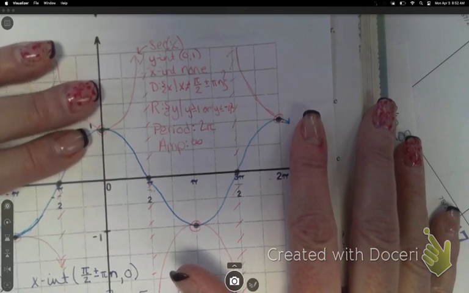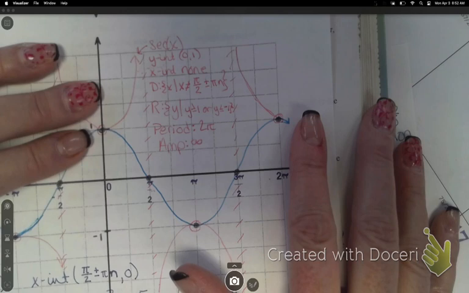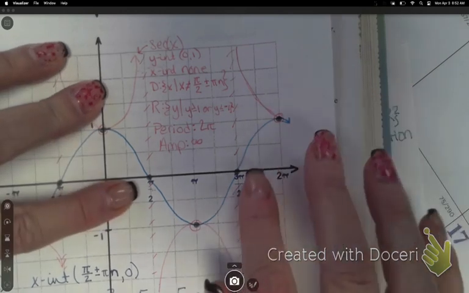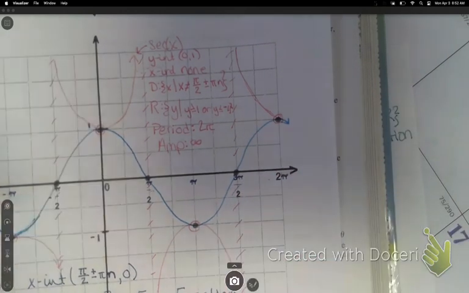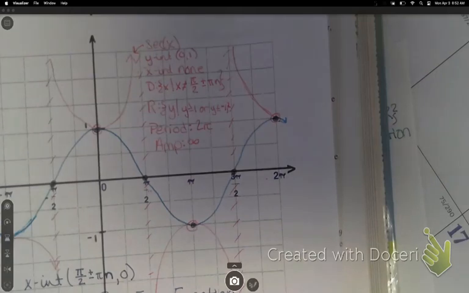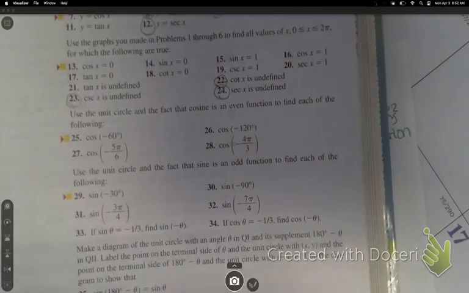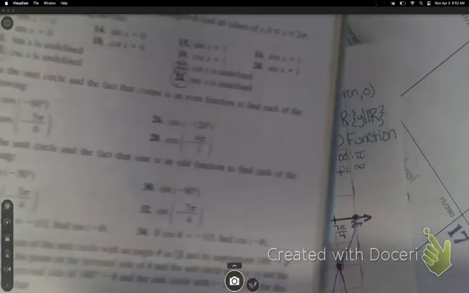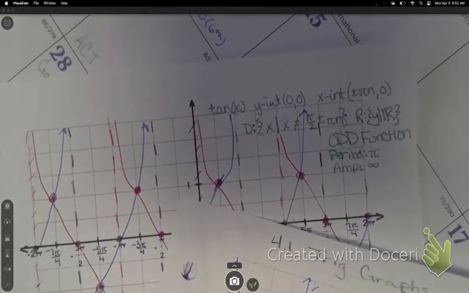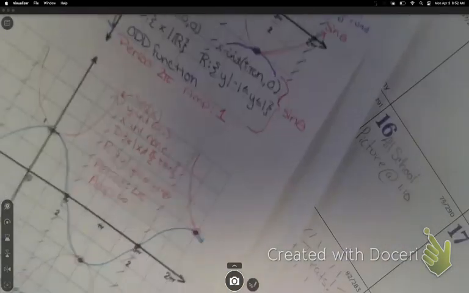Where's cosine 0 at? Pi over 2 and 3 pi over 2. Should you be able to do that without looking at your graph? Aren't those values you should know? Yeah. Okay, but we're just getting used to looking at the graphs. So that's what you're going to be using is your graphs that we made over the last 2 days. We basically did problem 1 through 6 together.